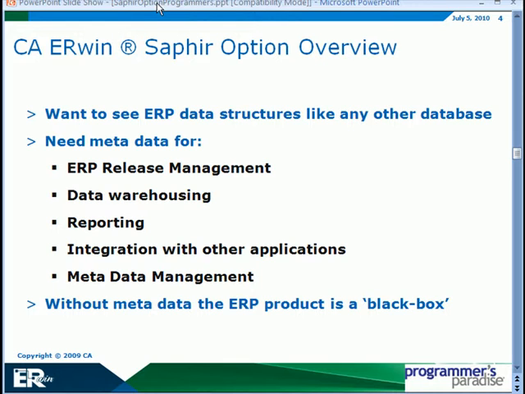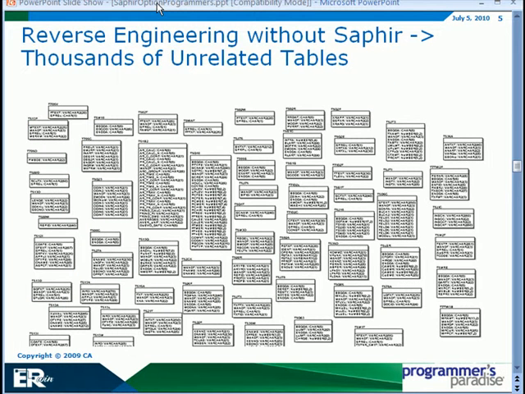Without the metadata, you'd basically have a black box, where you can't see what is happening within that structure. Here we see a regular reverse engineer of an SAP environment. As you can see, there are no primary keys defined. The column names have shortened physical names, which are not clear to read, as are the table names.